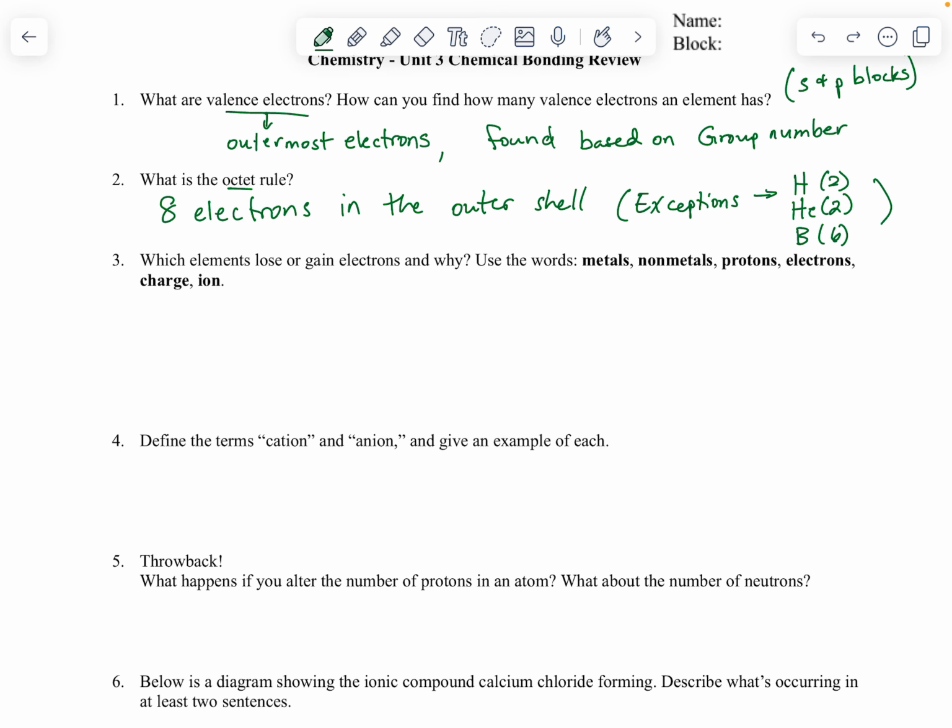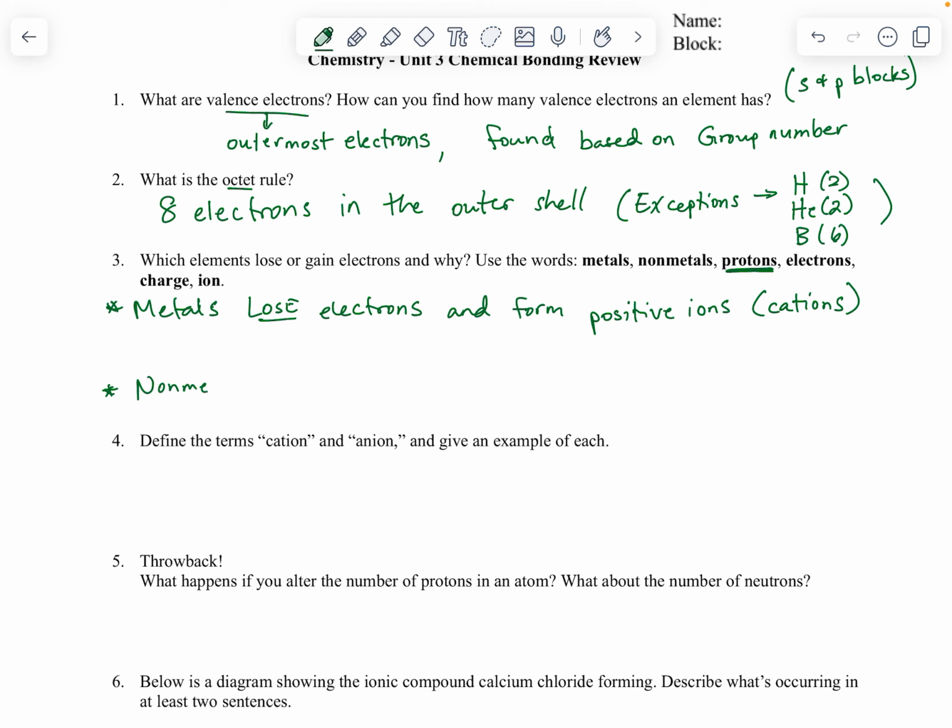I like comparing metals to nonmetals this way as well. We know, first off, that protons never change because that would change the identity of the element. So when I'm talking about metals versus nonmetals here, metals on the left side of the periodic table lose electrons and form positive ions that we call cations.